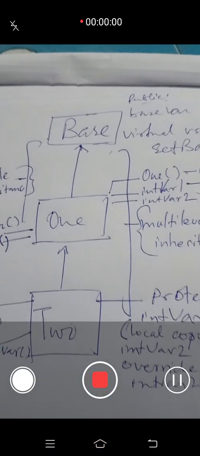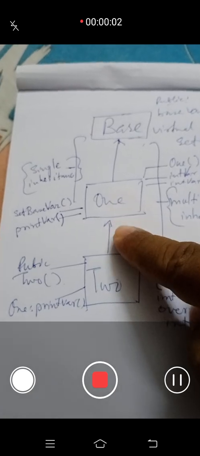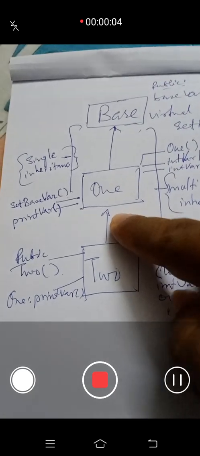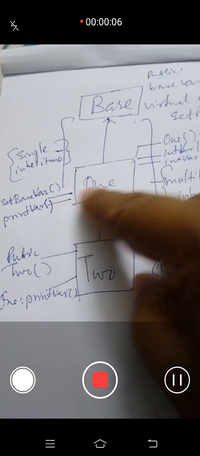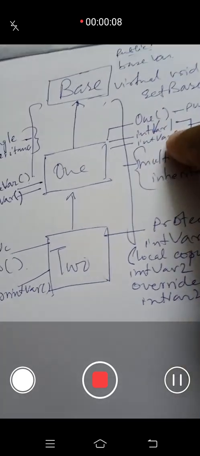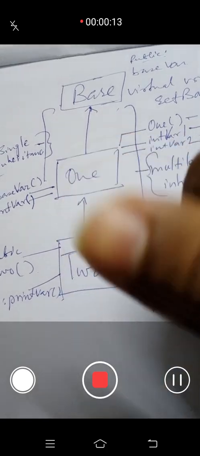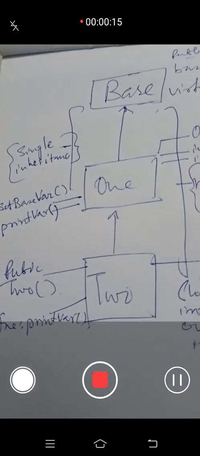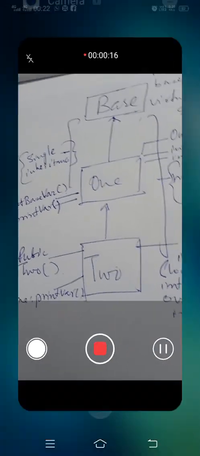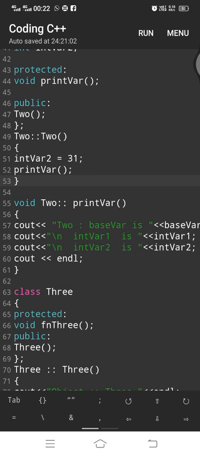We've already shown how setbasevar and printvar and everything is playing out. We have copies of intvar1 and intvar2 being printed out in 2, in the context of 2. So that is obviously there.